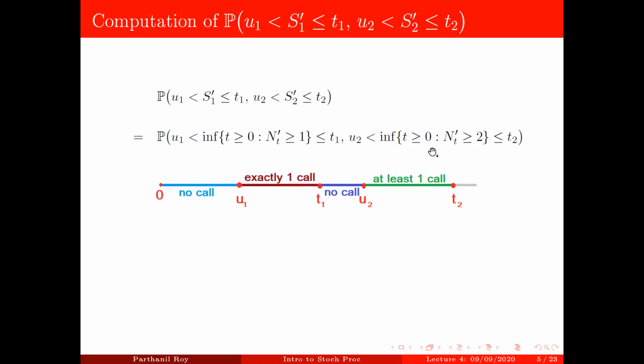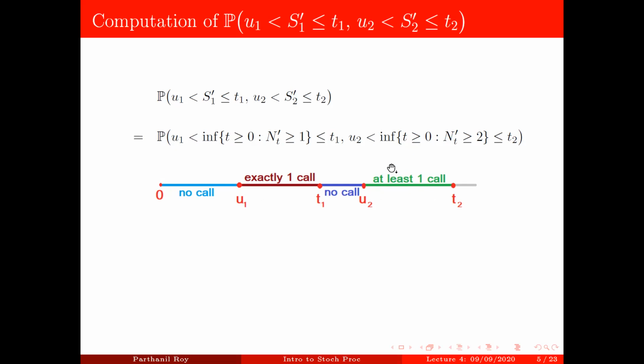On the other hand, we have to honor this inequality here. This has been already honored. So in order to honor this, you need that at least one call has to happen in this interval. Note that it can be more than one also. There is no restriction other than this. So it has to be at least one call in this interval. Okay? And if this happens, this will also happen.